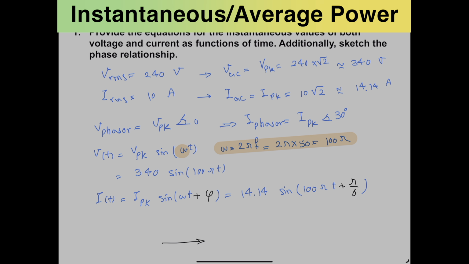So that's the V. Now we know that current has 30 degrees of phase with respect to that, so we can plot current in this direction, knowing that the angle between them is going to be 30 degrees. That's how you would plot the phasor format of voltage and current with respect to each other.